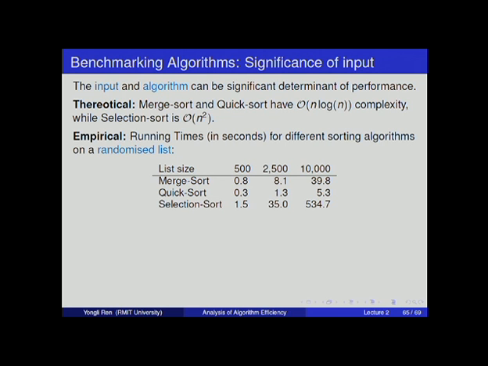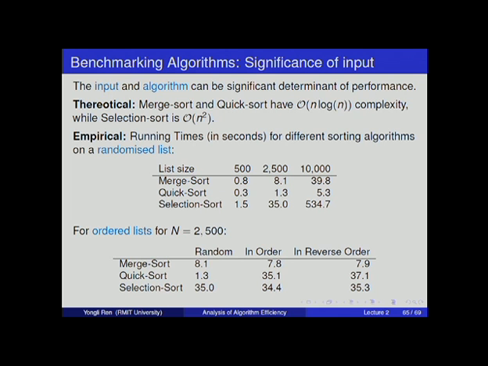For merge sort, quick sort, and selection sort, which we discussed today, is actually a brute force. So this one is clearly taking more time. That's what we get on a randomized list. It seems all correct. Quick sort is pretty quick, then merge sort, then selection sort. But when you change to an ordered list, you get a very different result.